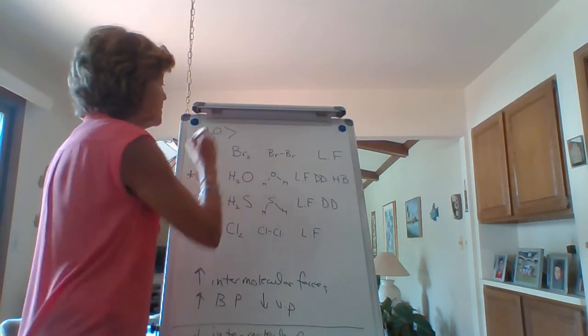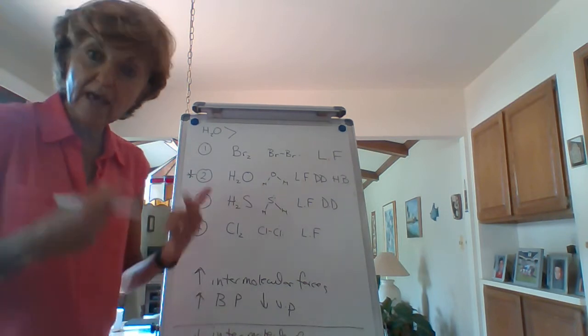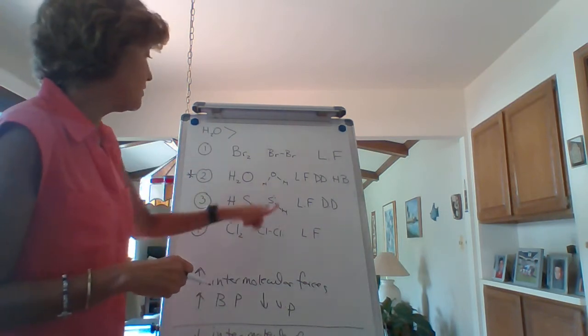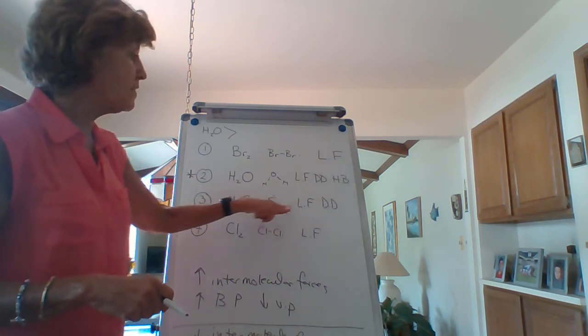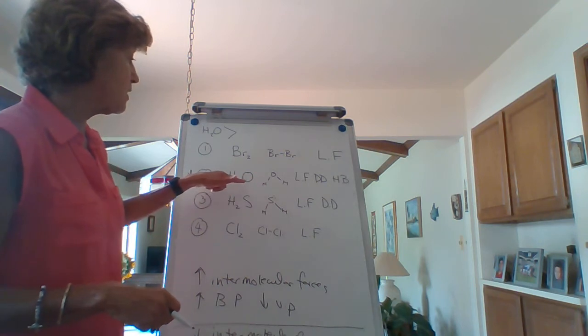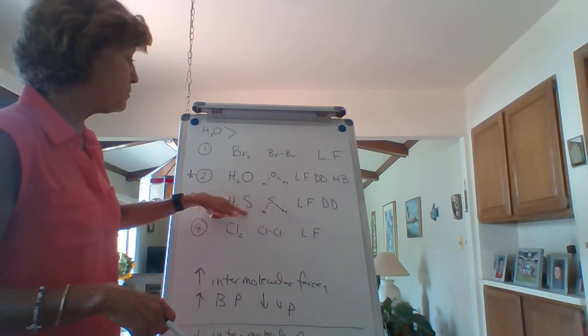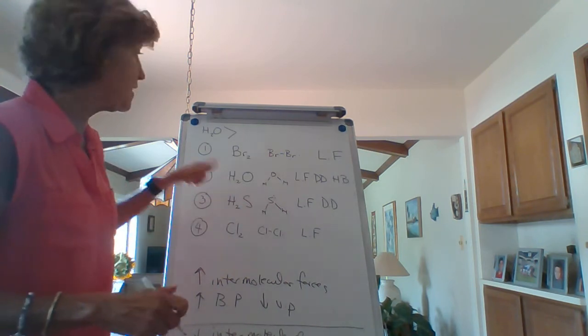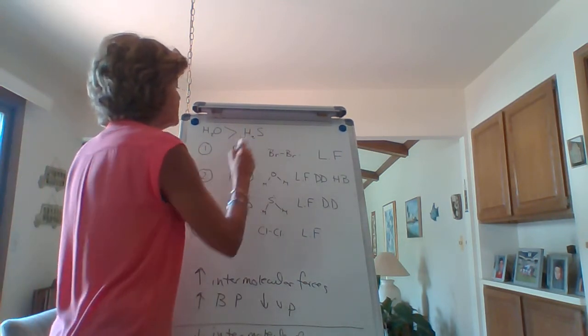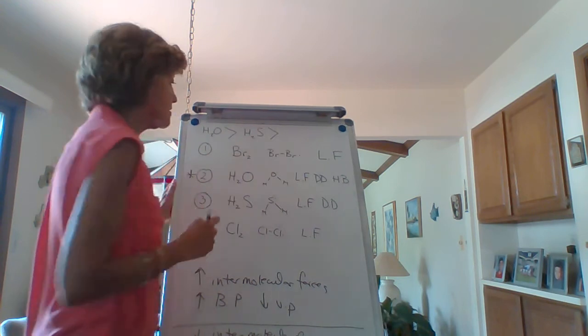Okay, what's the next highest? Well, you look over here. Hydrogen sulfide has London force and dipole-dipole. It doesn't have as many intermolecular forces as water, but it definitely has more than these 2 guys. So the next one would be hydrogen sulfide.